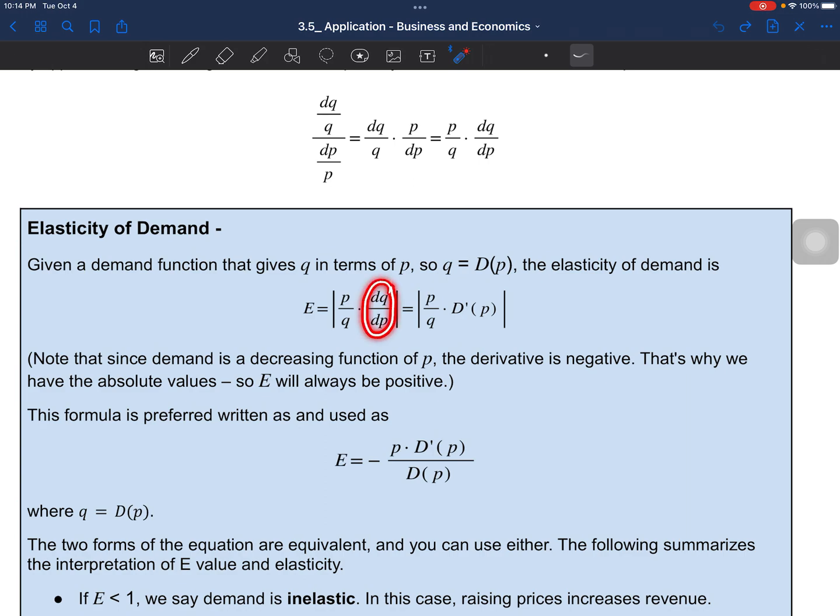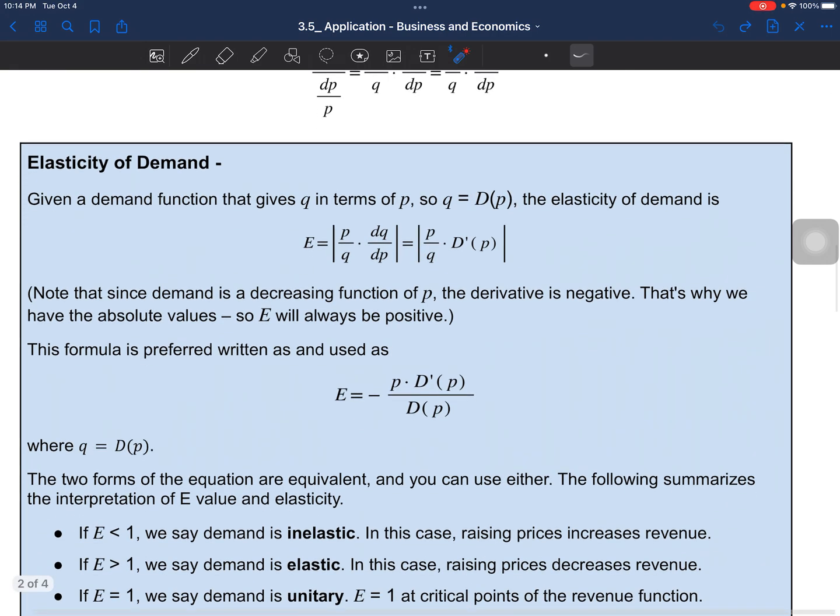We're going to put an absolute value, and if you notice, this is the derivative of Q with respect to P. So that's that one right there. And then since we already know that Q equals the demand function, we can replace Q with it.